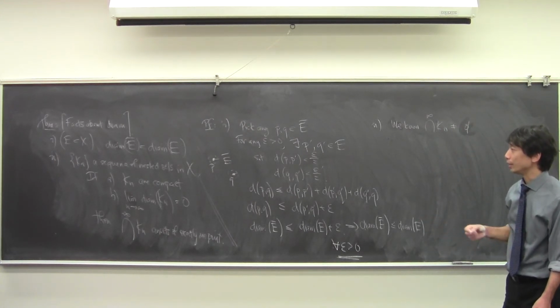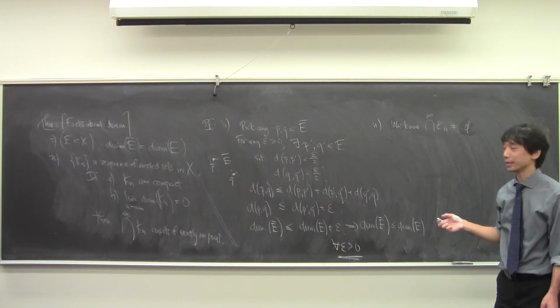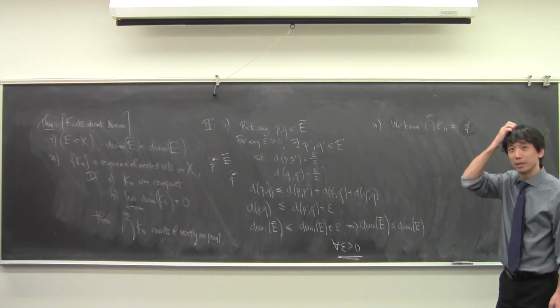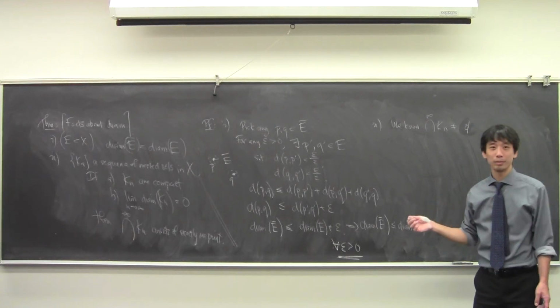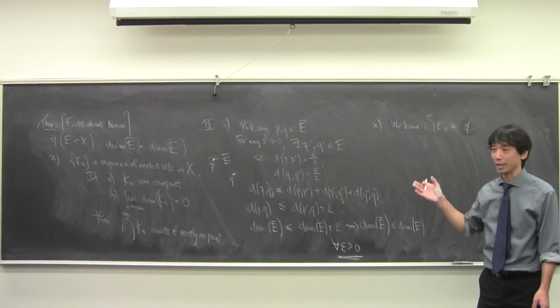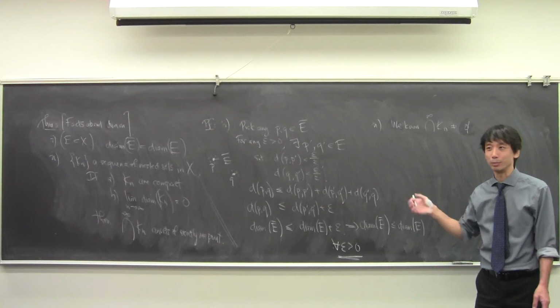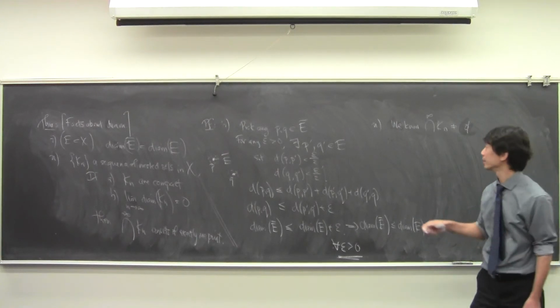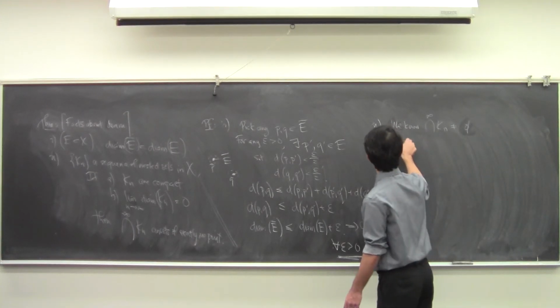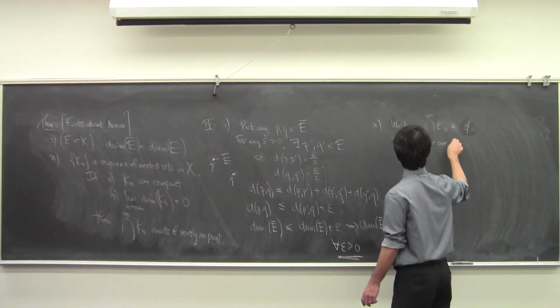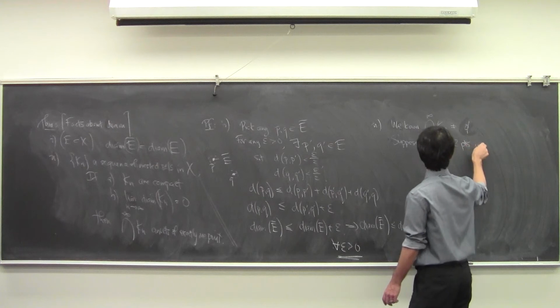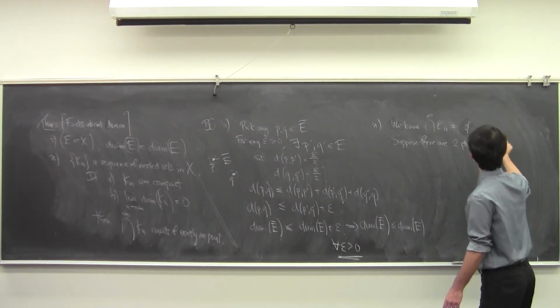Okay. So the only thing we have to do is show that it can't have 2 points, right? Because it has at least 1 point, so we just have to show that it can't have 2 points. Suppose there are 2 points in the intersection.